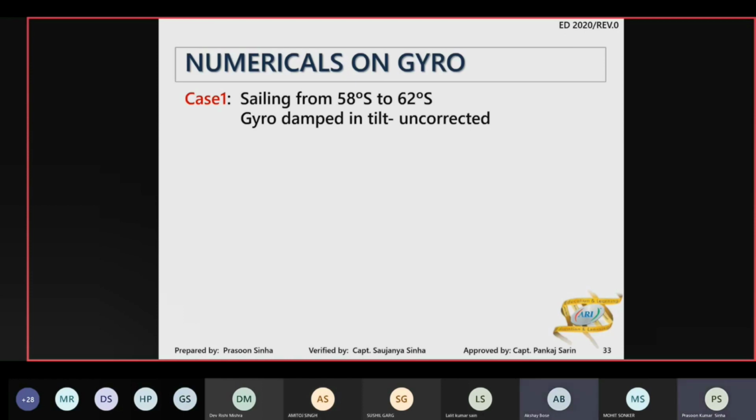Uncorrected means, in the modern gyro compasses, latitude error can be corrected.